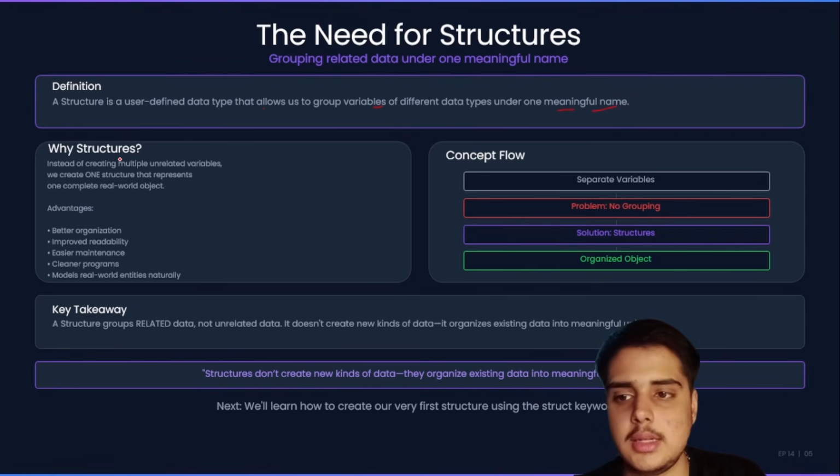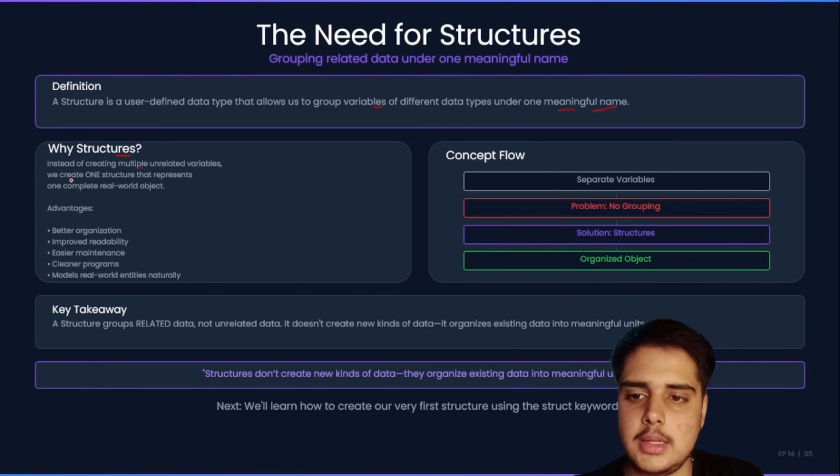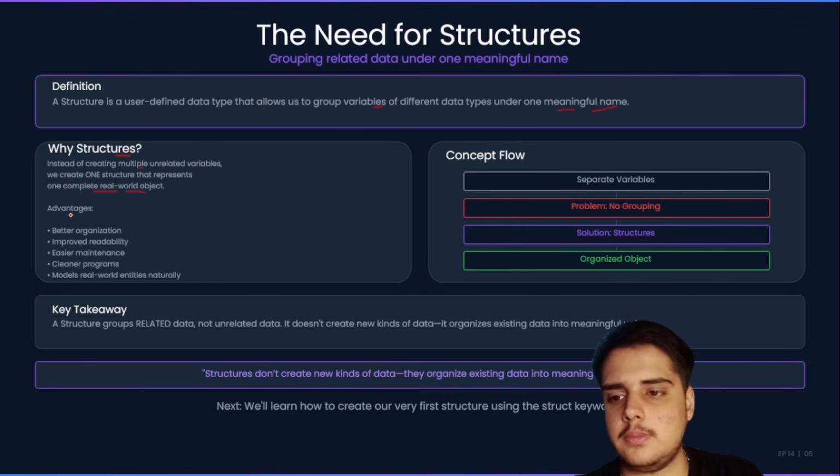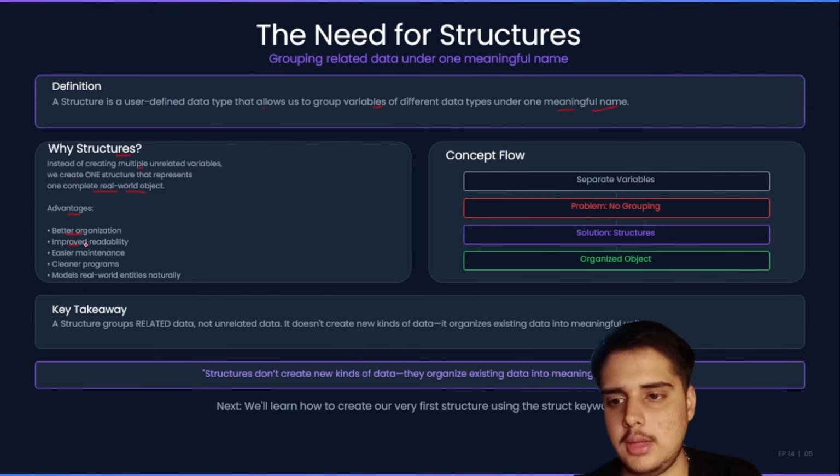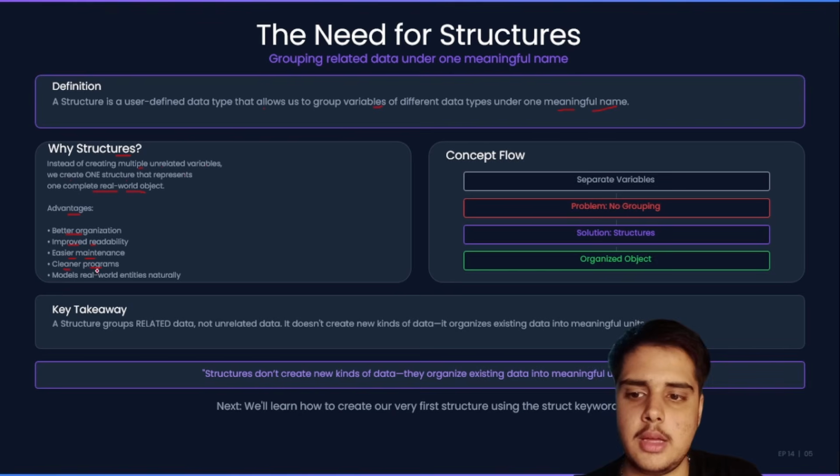So why structures? Because instead of creating multiple unrelated variables, we create one structure that represents one complete real-world object. Advantages: better organization, improved readability, easier maintenance, cleaner programs, models real-world entities naturally.